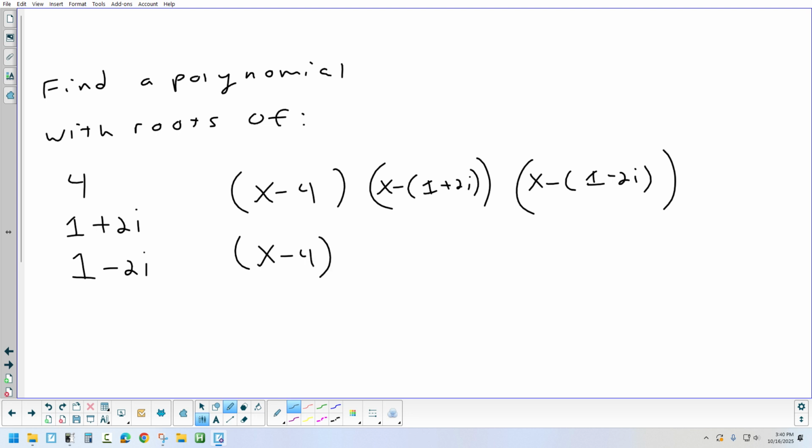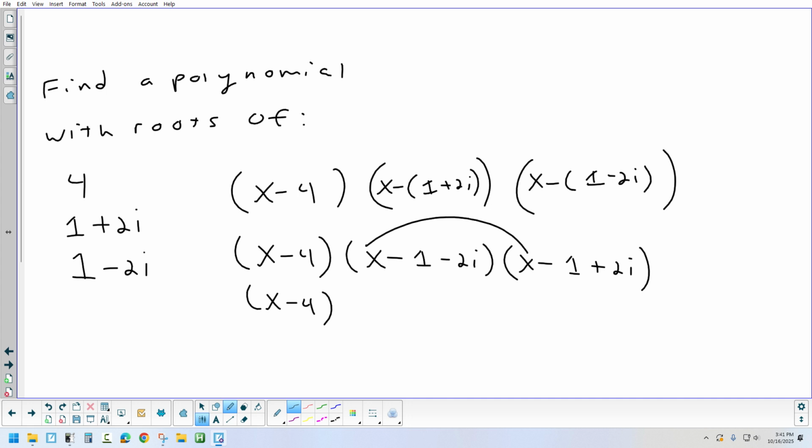To multiply the 2 imaginaries out, what do I need to do first? Distribute the negative. So you have x minus 1 minus 2i and x minus 1 plus 2i. Now we're going to distribute that out.